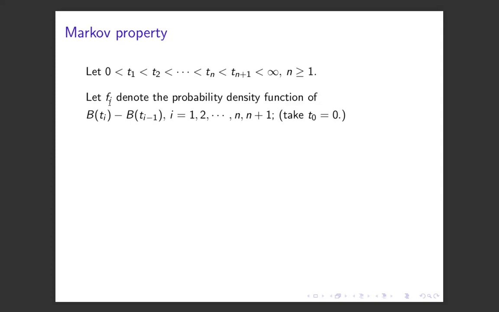And fi denotes the probability density function of Bti minus Bti-1. So you know that this fi is the density function of the N(0, ti minus ti-1) distribution, the one-dimensional normal. t0, of course, is taken to be 0, so that the notation is consistent.